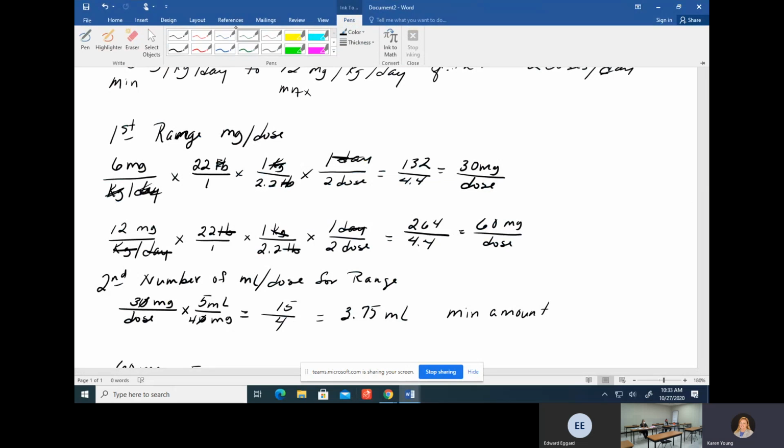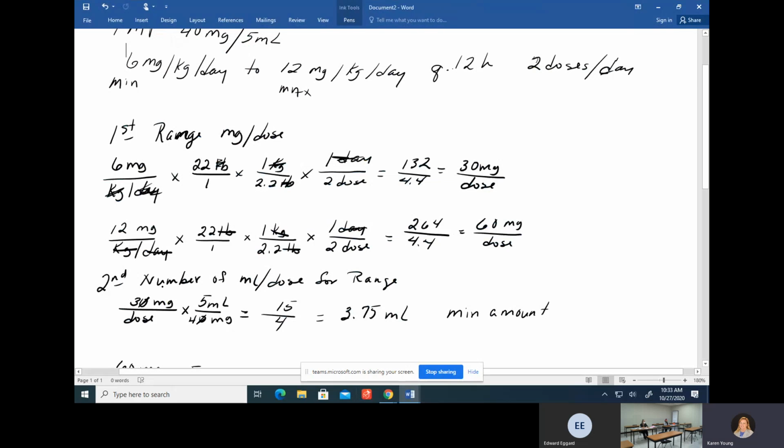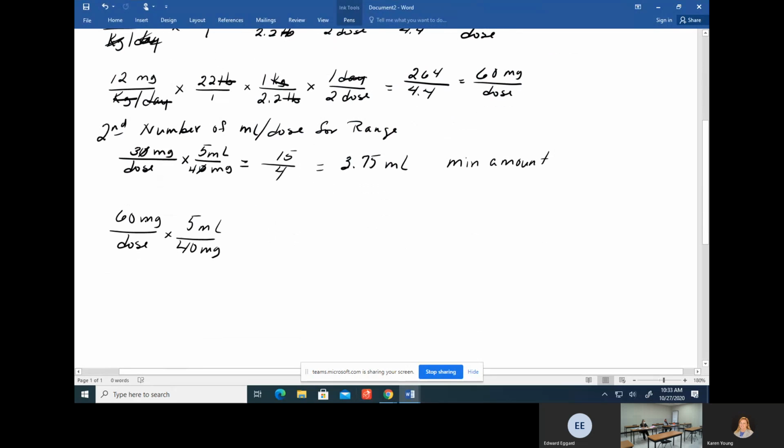So again, cancel the zeros. 6 times 5 is 30. 30 divided by 4 is 7.5 milliliters. This is my maximum amount.